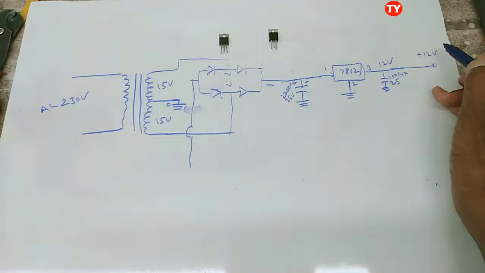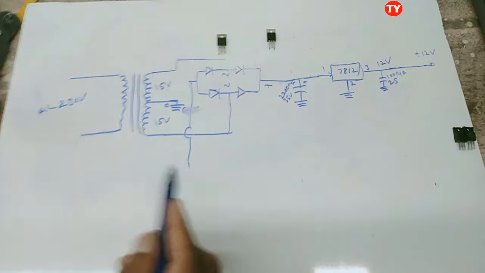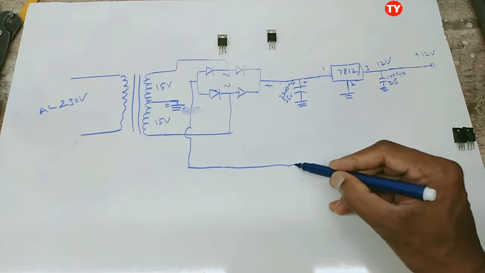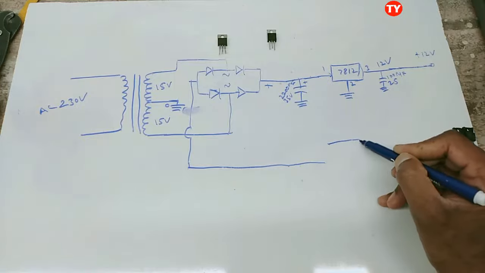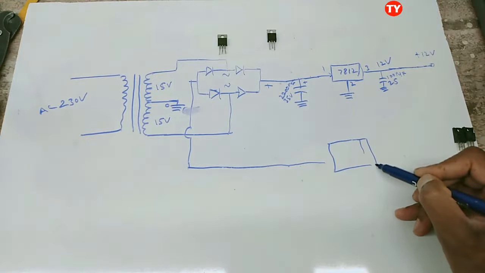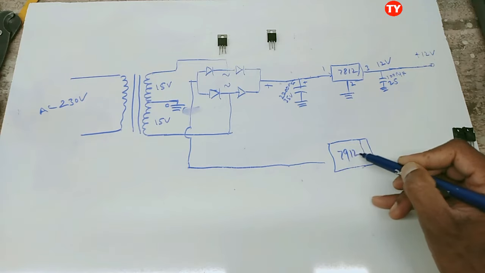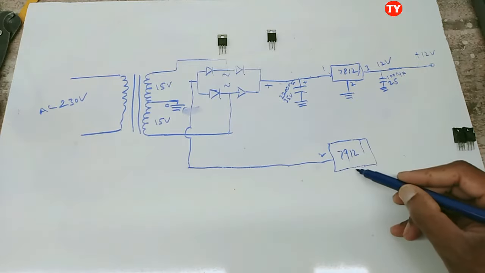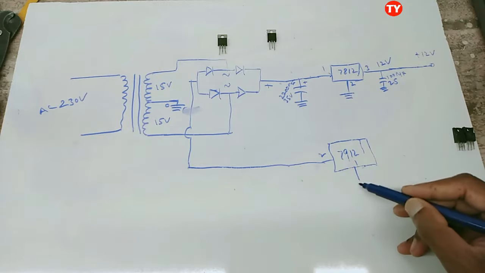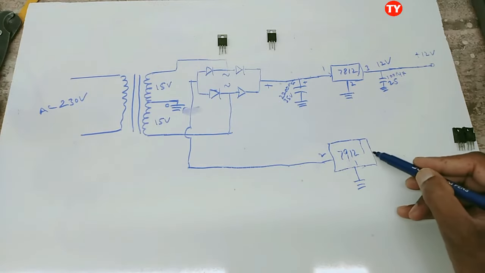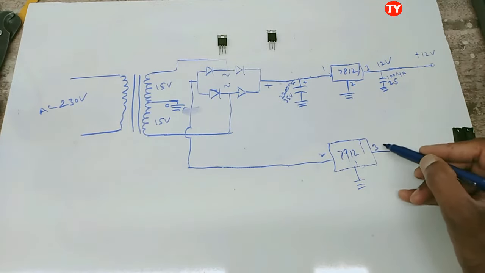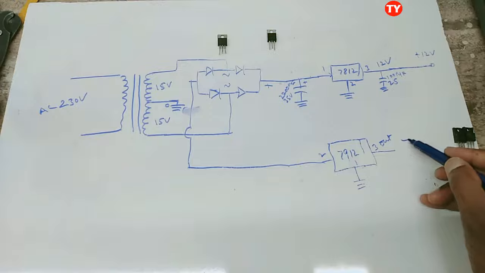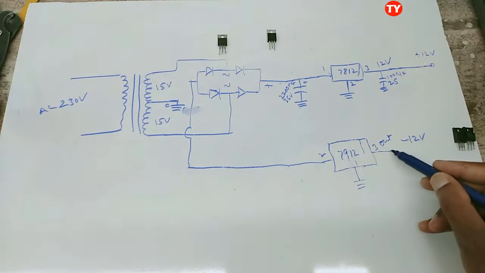Plus 12 volt, and then here 7912. Pin number 2 input, pin number 1 grounded, pin number 3 output, minus 12 voltage out.